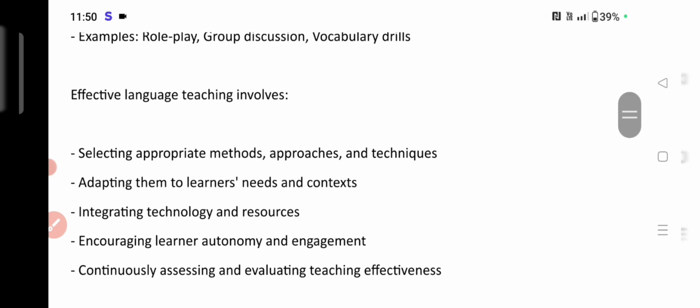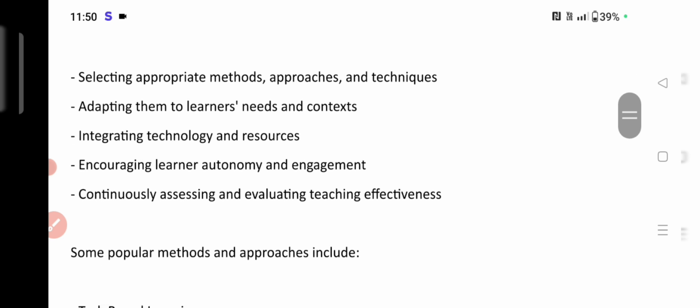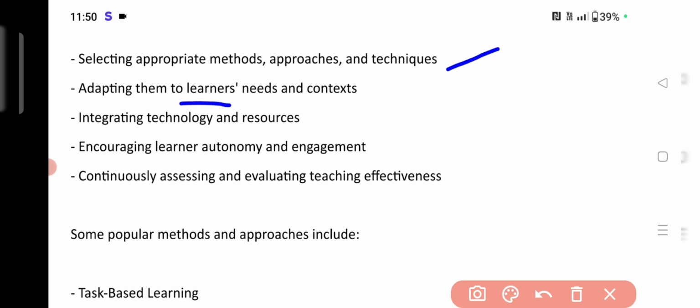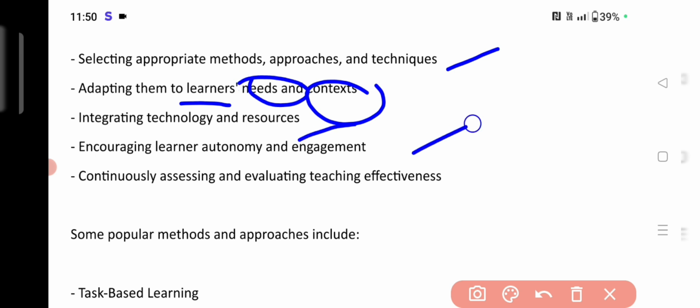So effective language teaching involves selecting appropriate methods, approaches and techniques, adapting them to learners' needs and context, integrating technology and resources, encouraging learner autonomy and engagement, and continuously assessing and evaluating teaching effectiveness. Right?